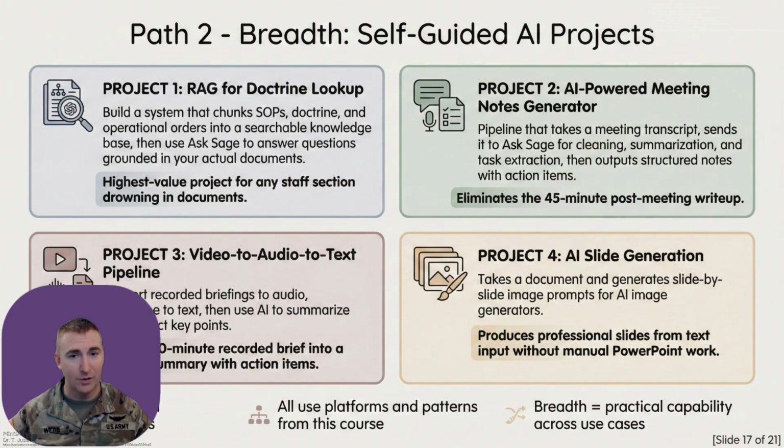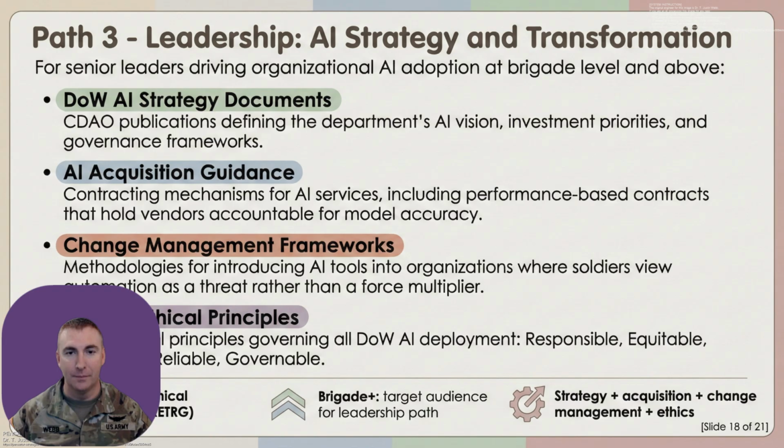And for those leading organizations, there is a third path. Path 3 is leadership. For senior leaders driving AI adoption at brigade and above. 4 areas. DoD AI strategy documents from CDAO. AI acquisition guidance, because knowing how to buy AI is as important as knowing how to use it.